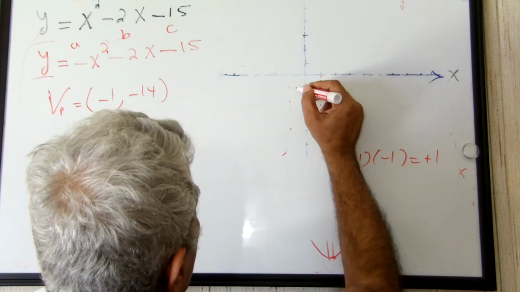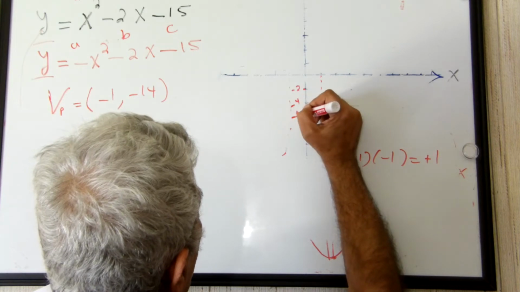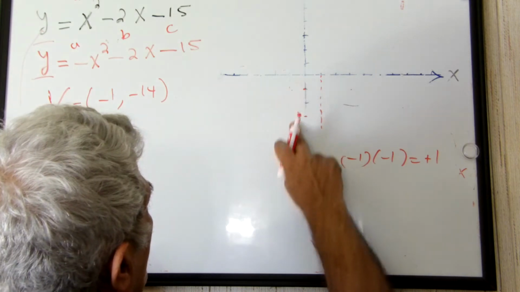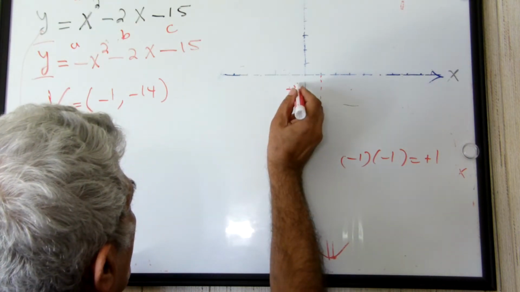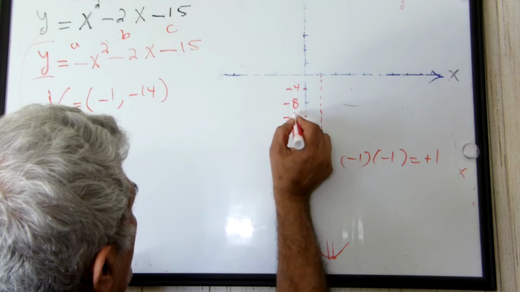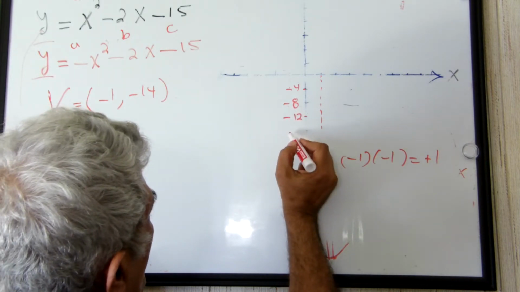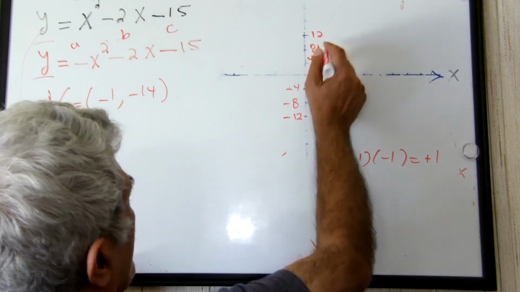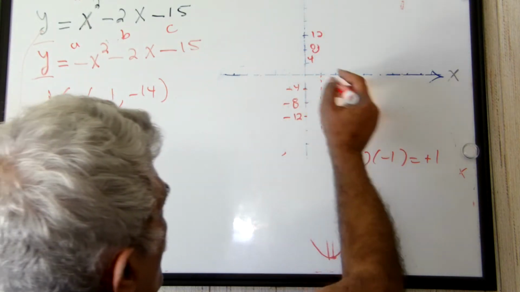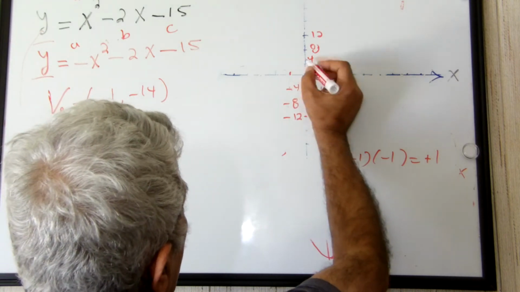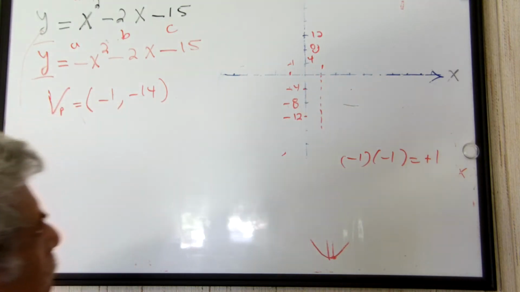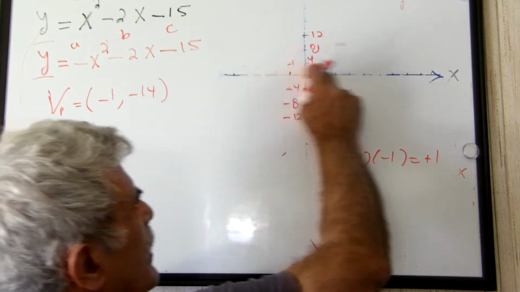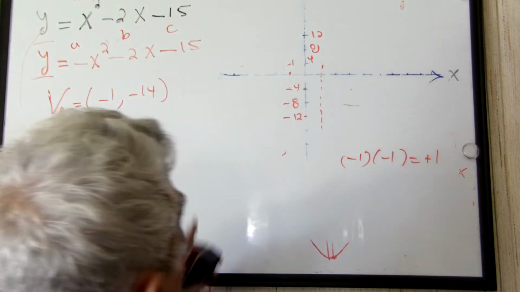On the y-axis, if it's minus 4, minus 8, minus 12, it's 4 units every time. But if you use 1 unit on the x-axis, the same unit is used there.